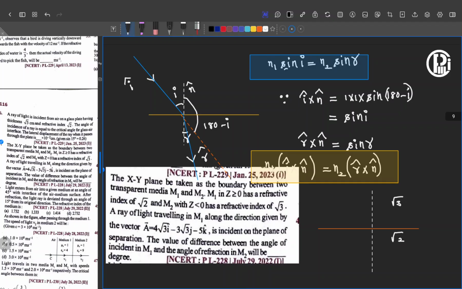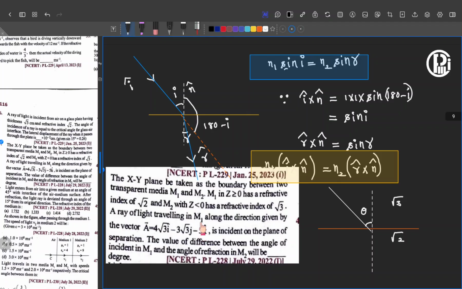Now there is a ray passing along the direction given by the vector a bar, which is 4 root 3 i cap minus 3 root 3 j cap minus 5 k cap.